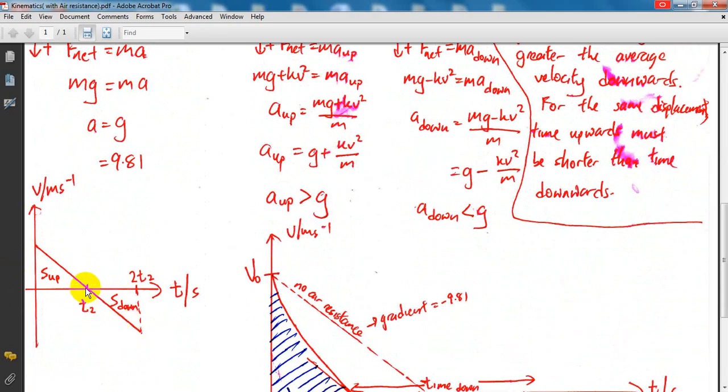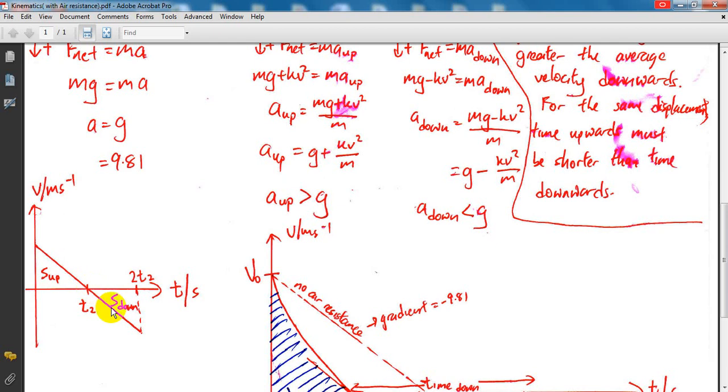Firstly, the distance traveled in the vertical direction upwards can be given by this triangle over here, because the area under the v-t graph is actually the change in displacement. And for me to come back down to my starting position, I must cover an equal and opposite negative area.